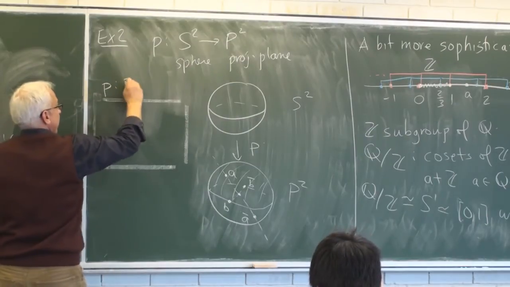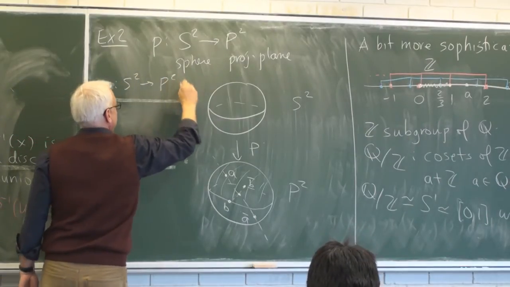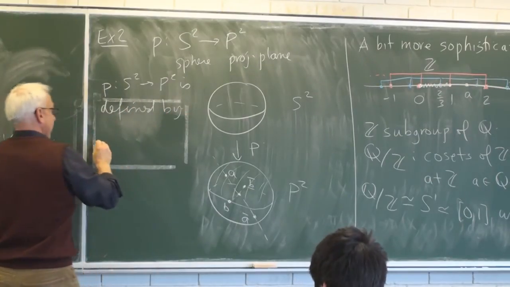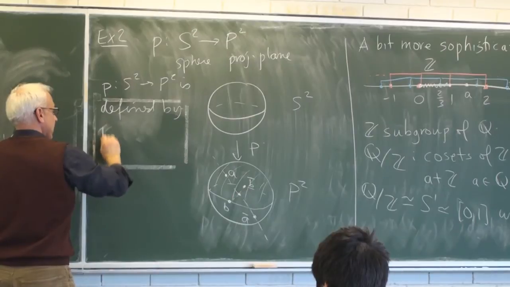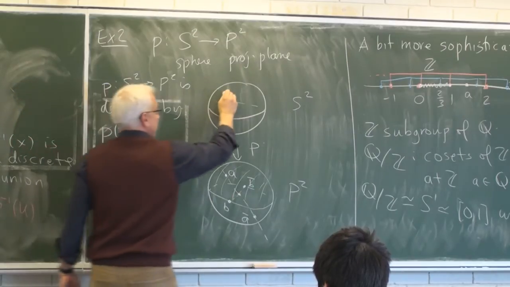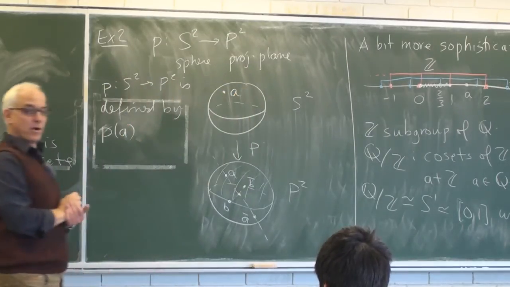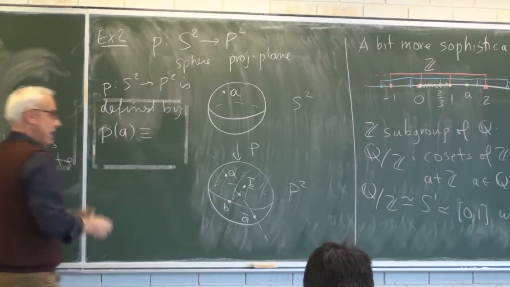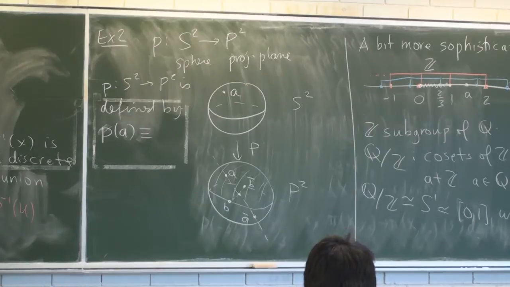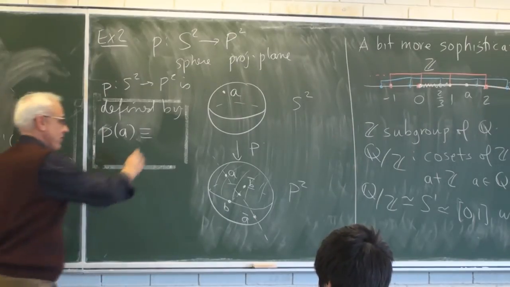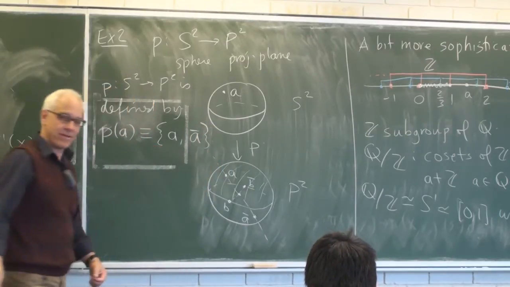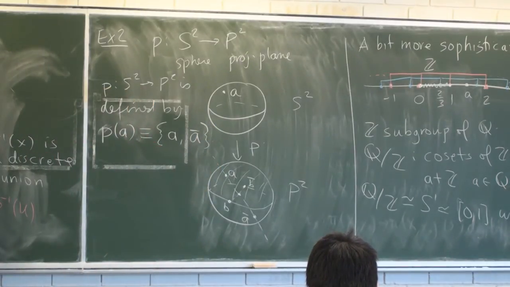So P from S2 to P2 is defined by, if we take A, a point in the sphere, the image is going to be the pair of points A and its antipodal point, A bar.